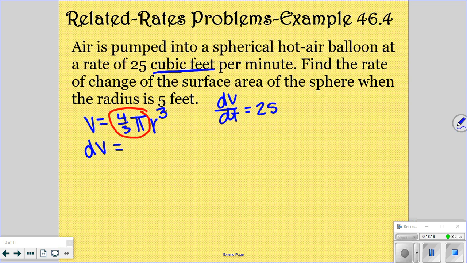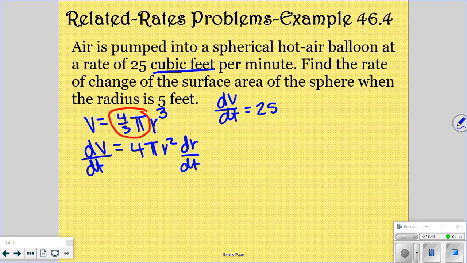We're going to move the 3 to the front. So 4/3 times 3 is 4 pi r squared dr. And if you divide by dt, because we're taking with respect to time. Notice that 4 pi r squared is your surface area. The derivative of volume is surface area.